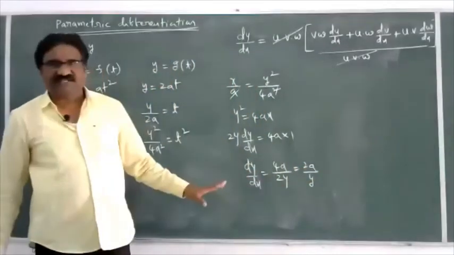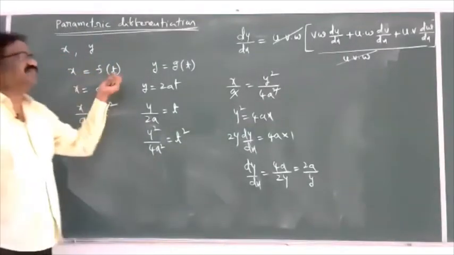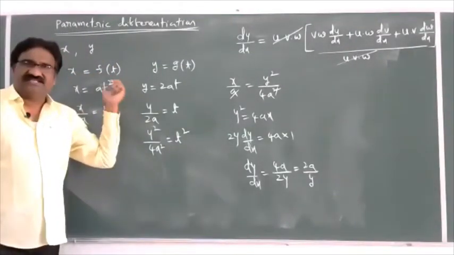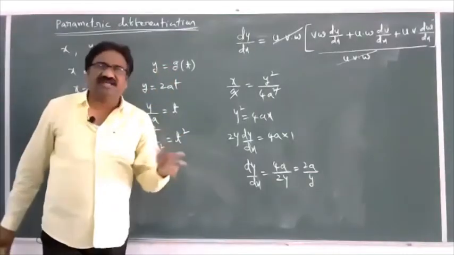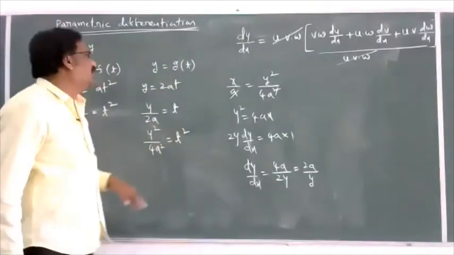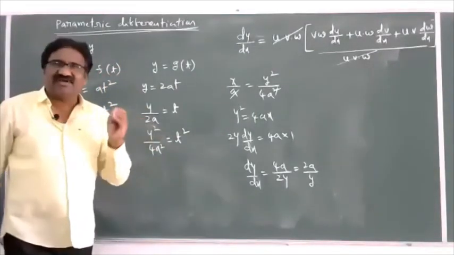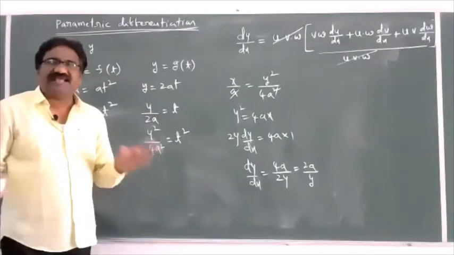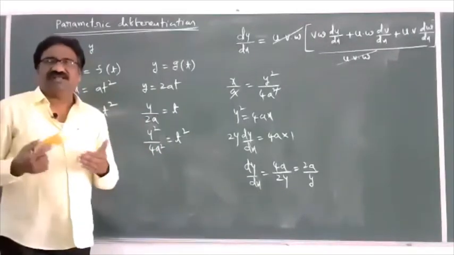This is one process. X is a function in terms of a variable t, that is f of t. Y is a function in terms of another variable t, that is y is equal to g of t. We want to find out the differentiation, that is dy by dx. First, we make a relation between x and y.